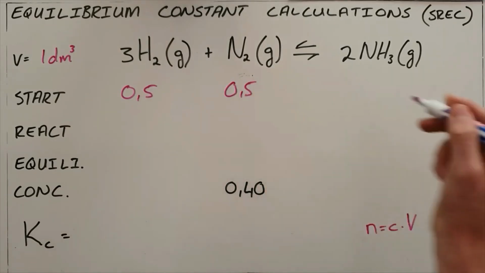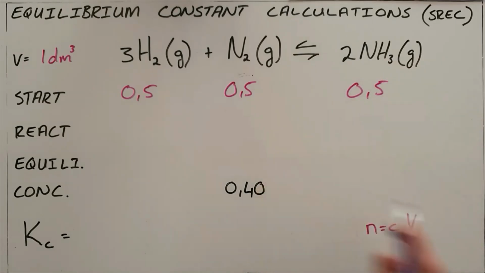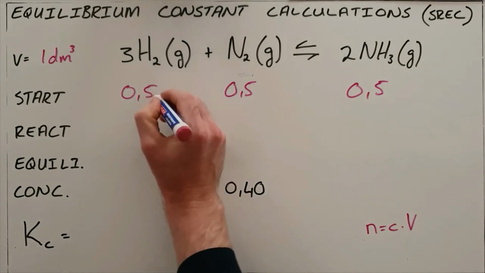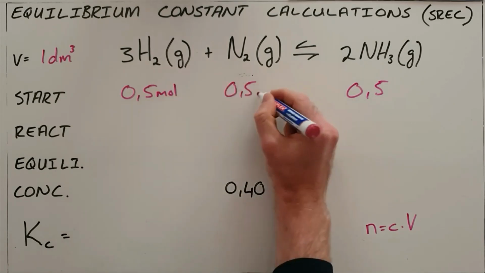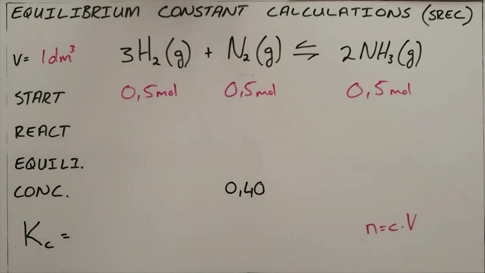So what this question has told us is that at the start 0.5 moles of each of these reagents is added to a closed or sealed container.